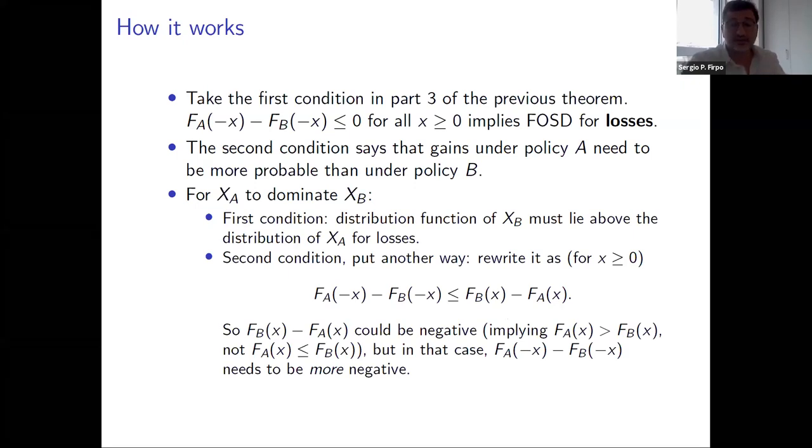So basically, this has to be smaller than 0 as well. We're saying that this has to happen, and this has to happen, and this has to be smaller than 0.